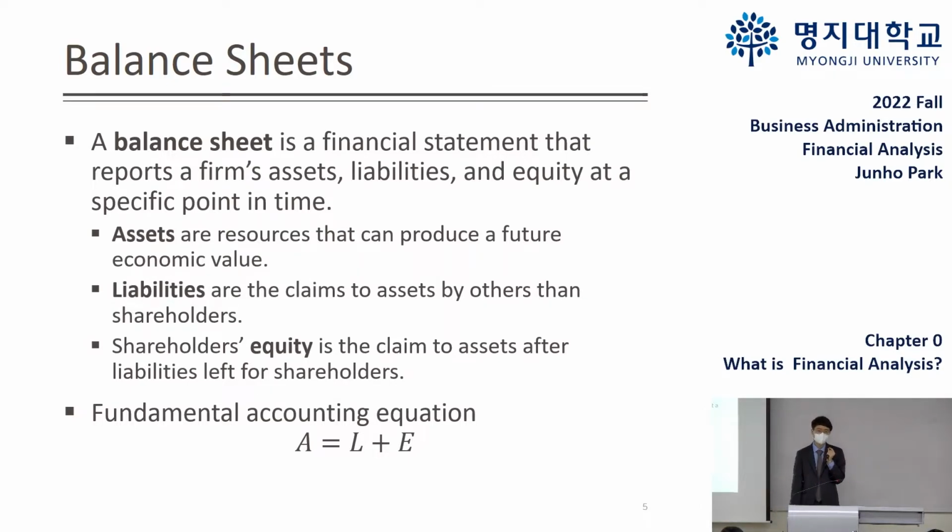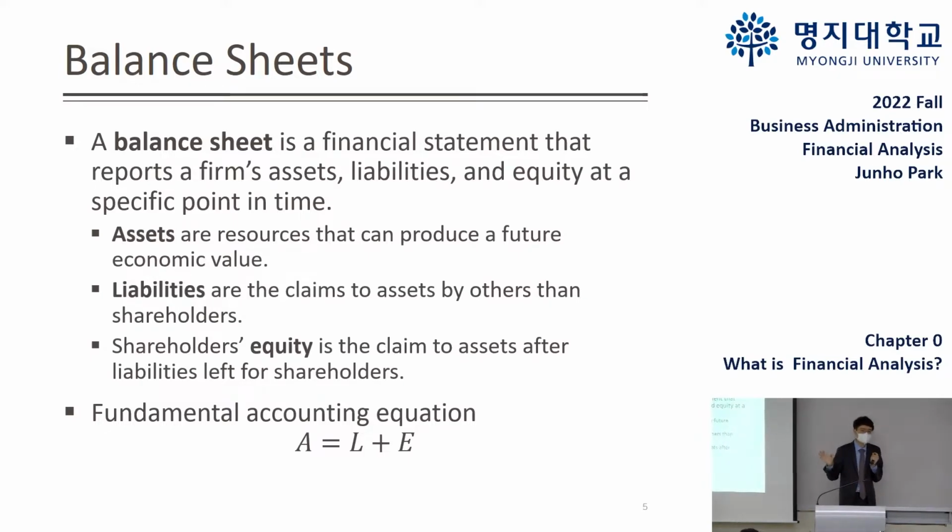Because I have a scientific background, I'm sometimes very sensitive to this. By equation, it means that the equation can be true for some values, but sometimes it is false for other values. In that case, we call it an equation.